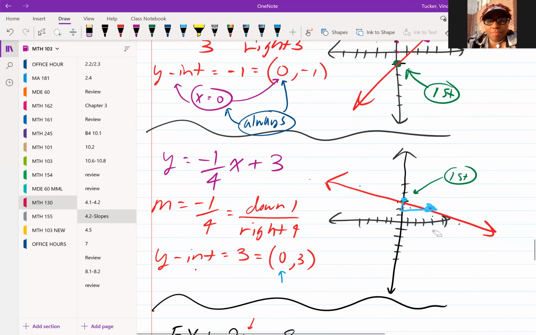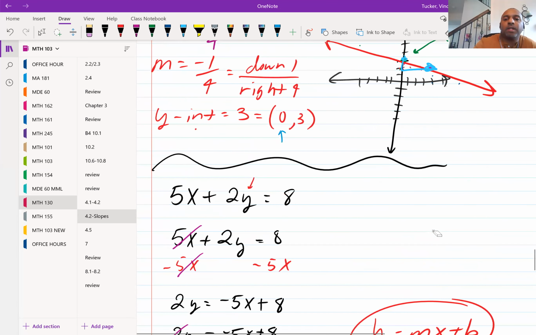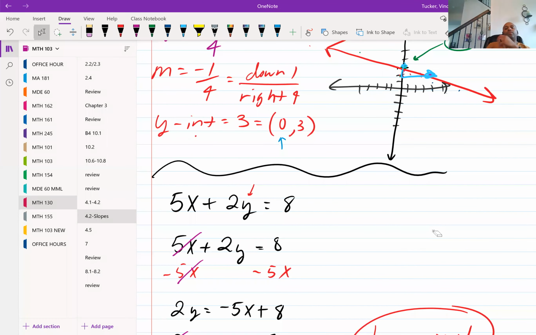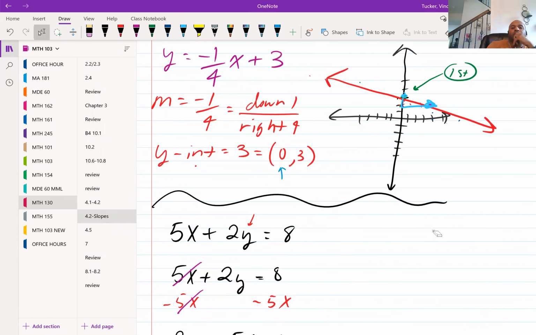Okay. All right. I think I got one more. Yeah, one more right here. So this one, we don't start off with our equation solved for y. So we're going to solve it for y. Is everybody ready to go to it before we get there? Yes. Okay. All right. So we have 5x plus 2y equal to 8. And once again, we want to solve for y. So we're going to subtract 5x from both sides.